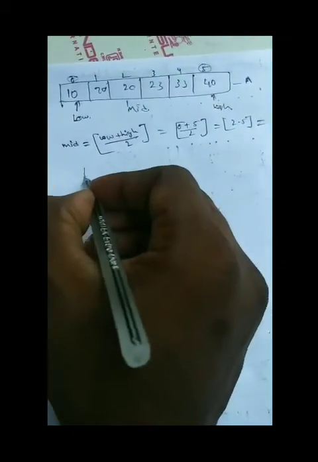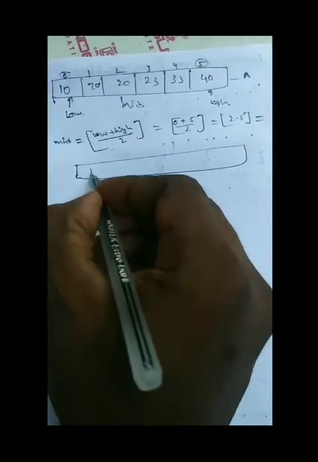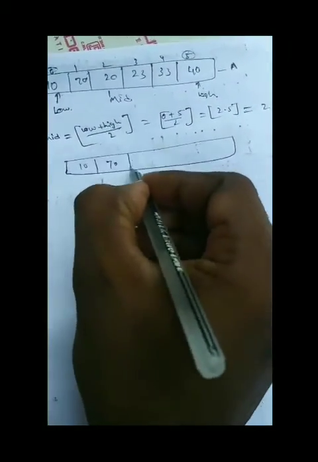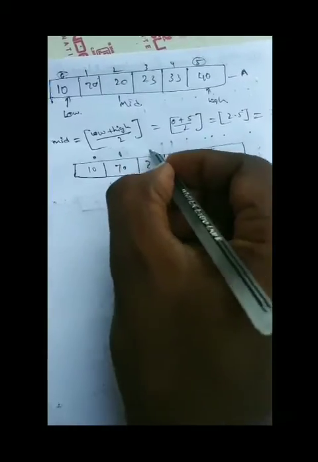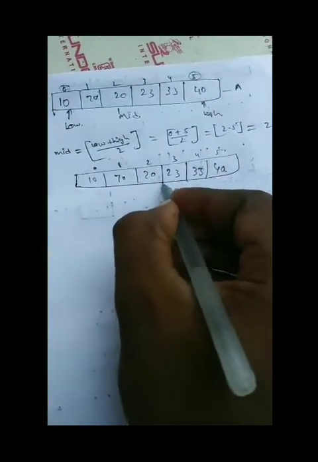So the list is divided into two subparts. The indices are 0, 1, 2, 3, 4, 5, and the middle element is the second element.